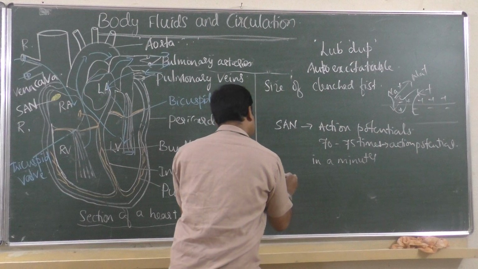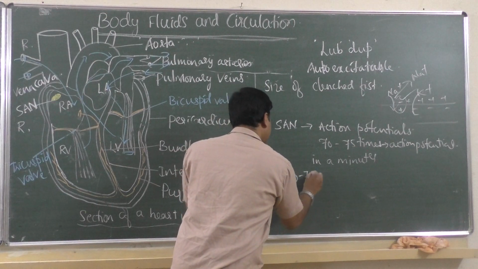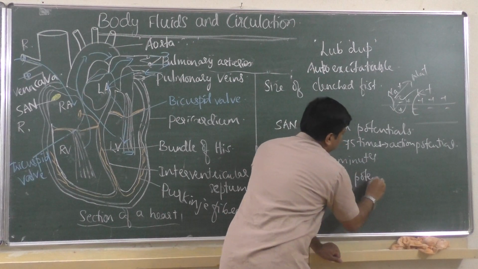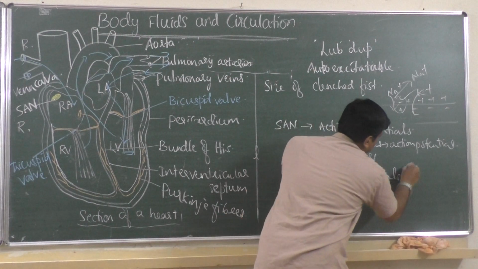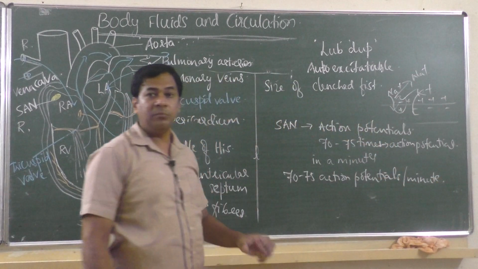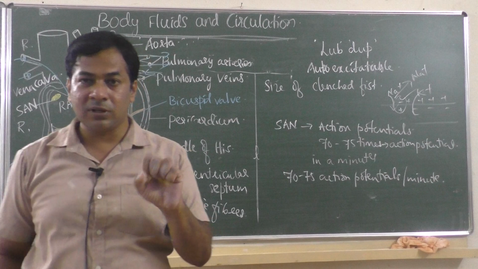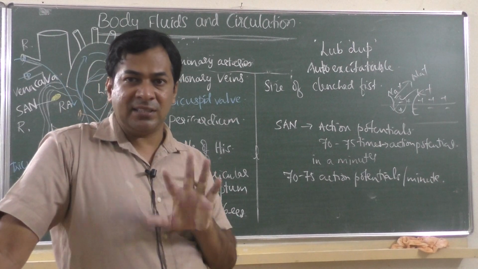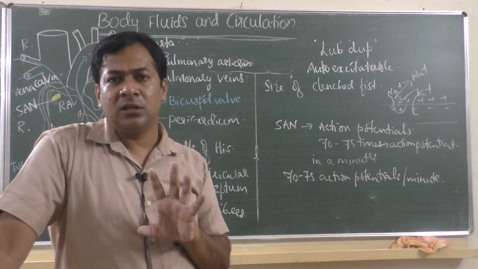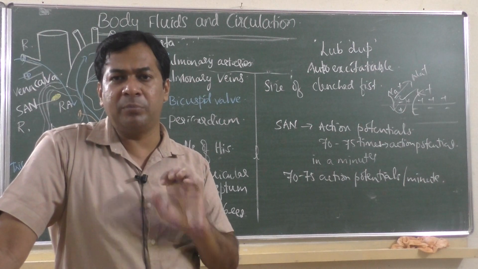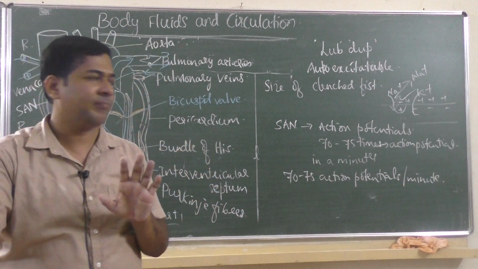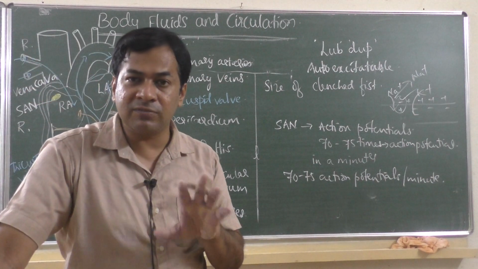So it is almost 70 to 75 action potentials per minute. In 1 minute, the lub dub sound, that is the heartbeat, occurs 70 to 75 times. You may ask how it is self-controlled, how the heart beats only 70 to 75 times in a minute, and what gives signals for beating.